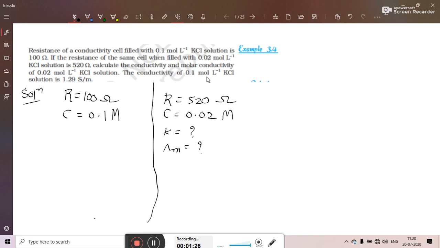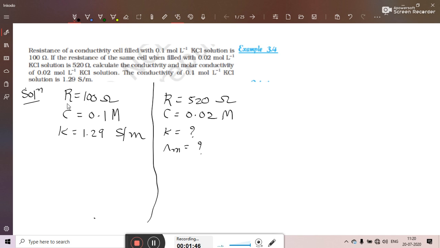The conductivity of 0.1 mole per liter KCl solution, that means the first condition, is 1.29 Siemens per meter.